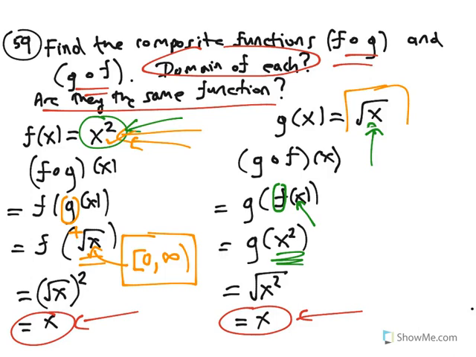So the domain of f is all real numbers, but then you also have to think, when I square a number, what do I get? Either 0 or a positive number. Does that work for the second function?